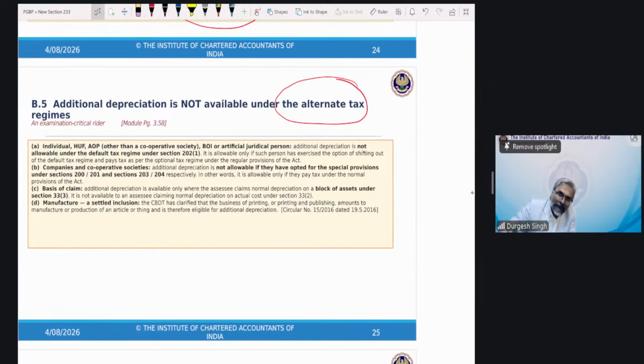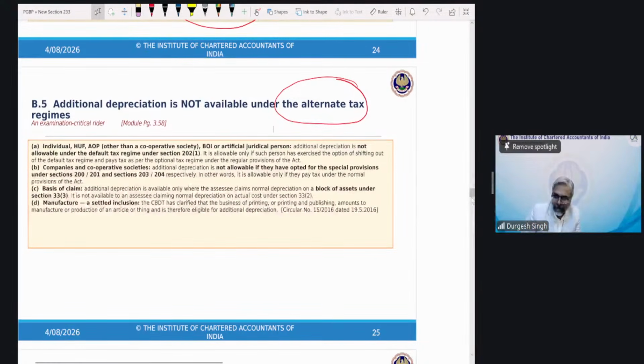Answer is no. As you may be aware, many of the provisions, like for example, tea, coffee, rubber development allowance. If you remember the starting first sectoral provision, you don't get deduction if you are in the alternate regime. Similarly, additional depreciation also is not allowed if you are in the alternate tax regime. I hope that all of you are clear with this one.